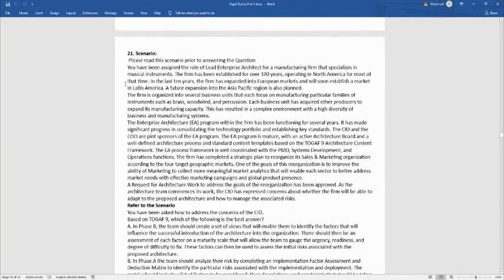Question 21. You have been assigned the role of enterprise architect for a manufacturing firm that specializes in musical instruments. The firm was established over 100 years ago, operating in North America for most of that time. In the last 10 years, the firm has expanded into the European market and will soon establish a presence in Latin America.